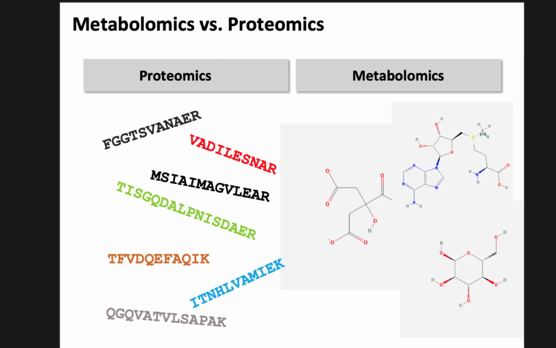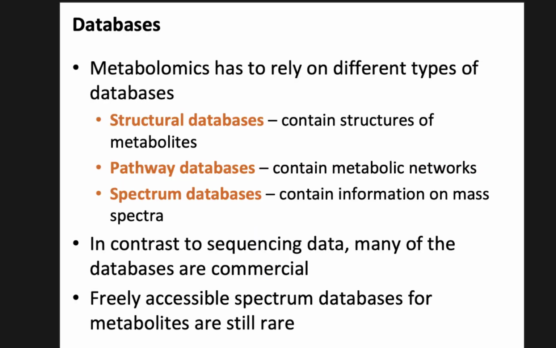Where can we find those structures? With the sequences in proteomics, you know where to find them. They're in UniProt and any of the protein sequence databases. And similarly, we have databases for metabolomics as well, and they basically come in three different kinds that are relevant to what we're doing here.